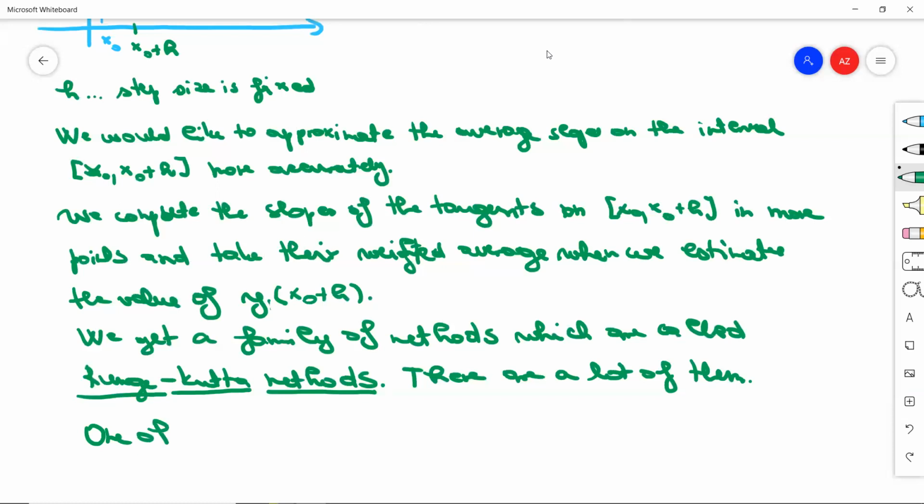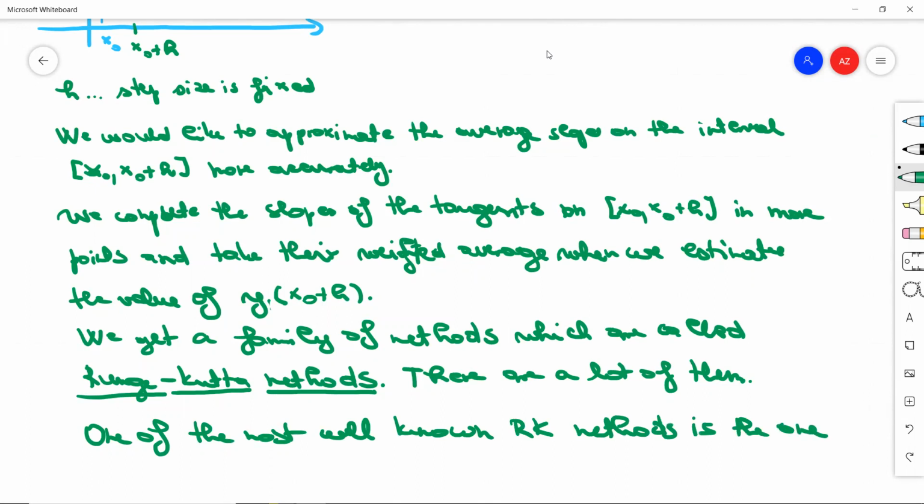One of the most well-known Runge-Kutta methods is the one of order 4, which means, what does this order 4 refer to?